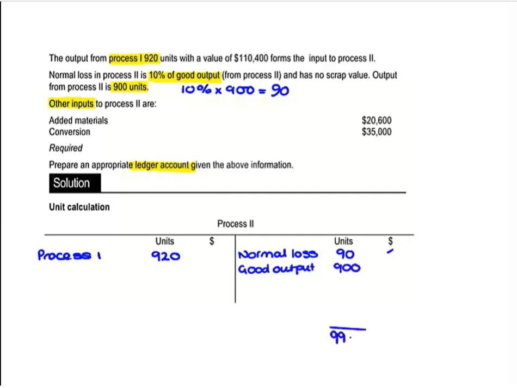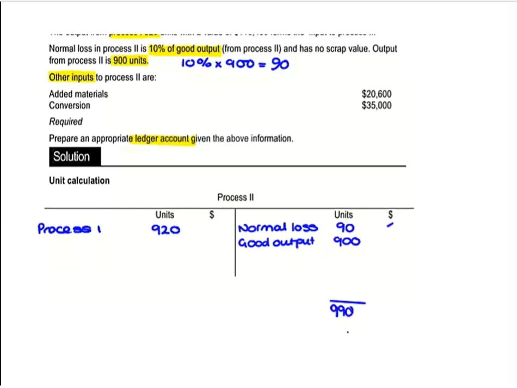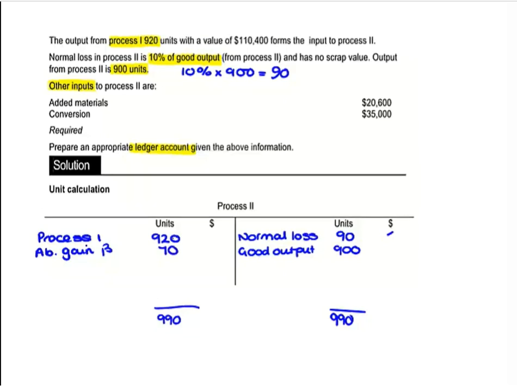Now you can see that the total of the units on the credit side is 990, but the total on the debit side is 920. So we need to make that balance, and we'll do that with an abnormal gain for 70 units. So deal with the flow of units first, then we can start to pop in the values.